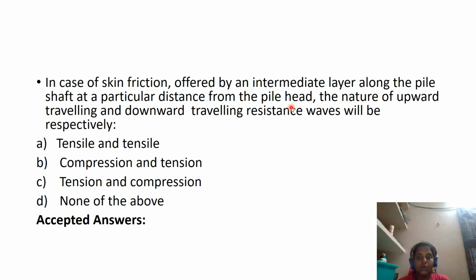The compression waves will be traveling in the upward direction, and the tension waves will be traveling in the downward direction. So that is what they're asking. Upward is compression, downward is tension.